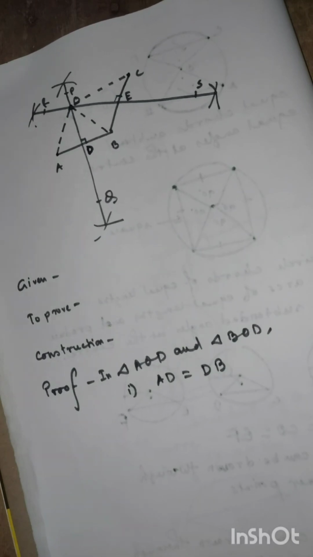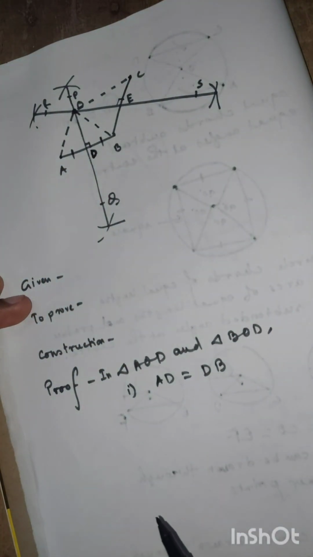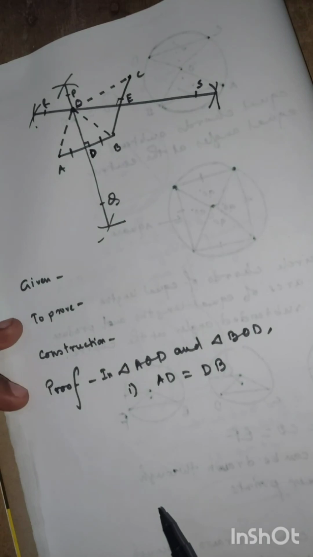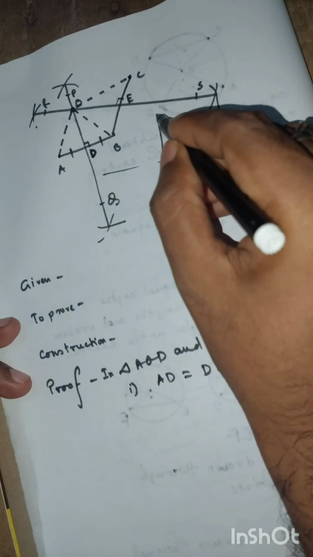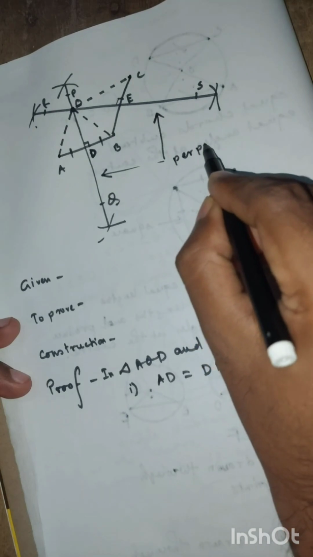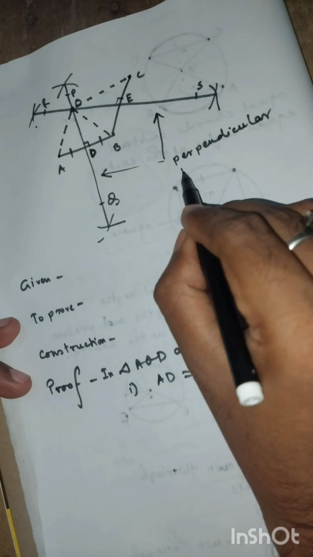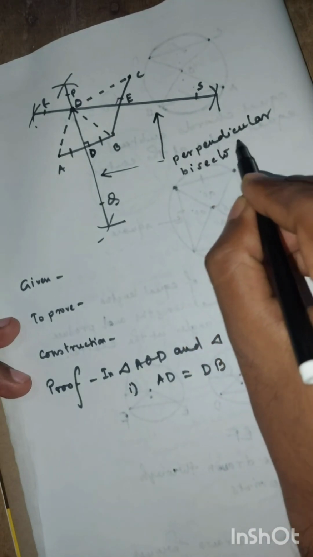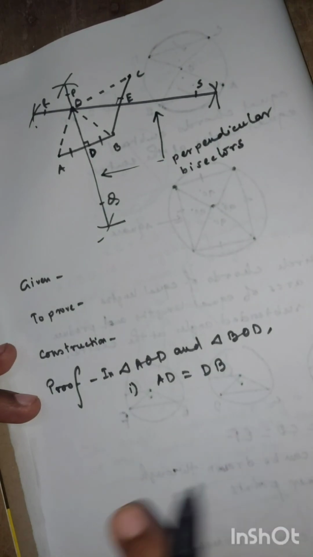That means it bisected AB. Okay, so this part is equal to this part. Okay, these two are perpendicular bisectors. So first, AD equal to DB.